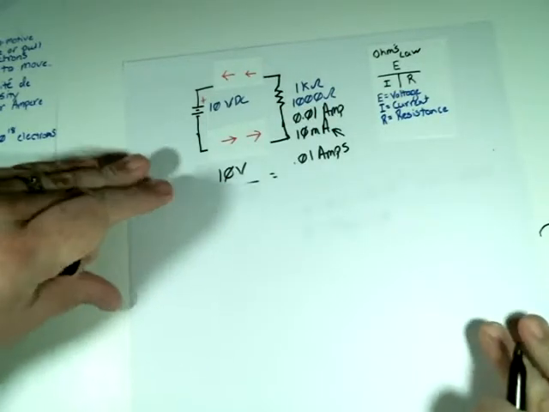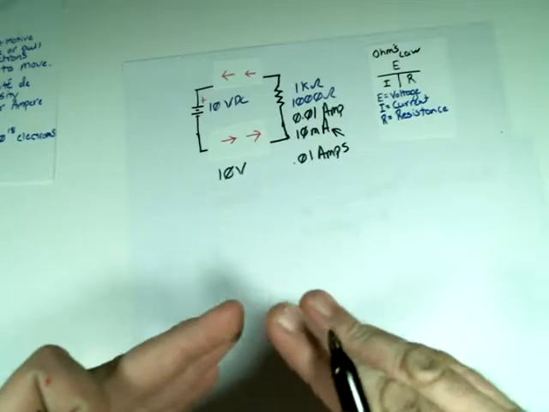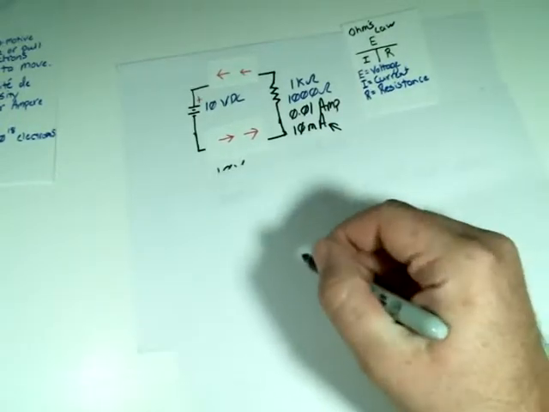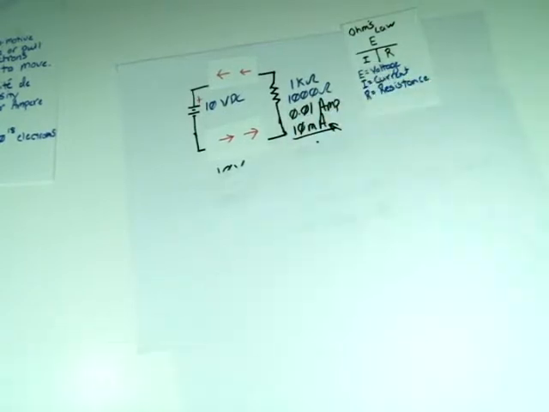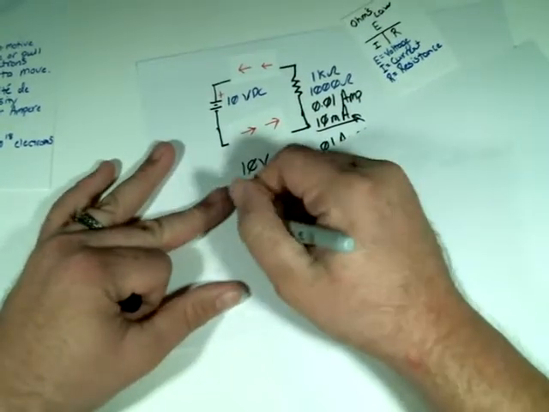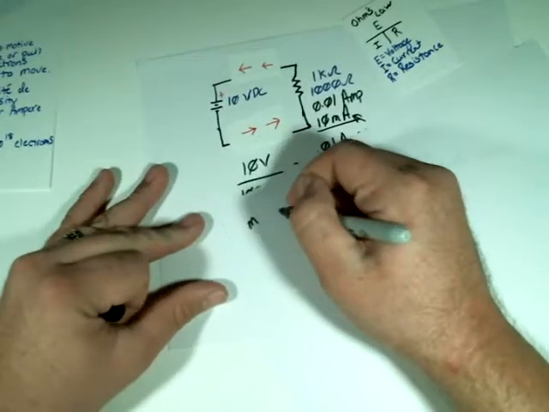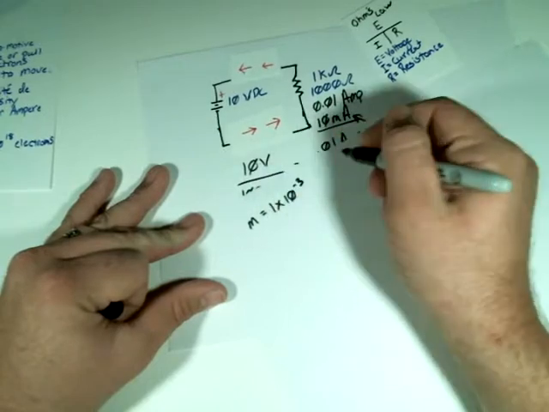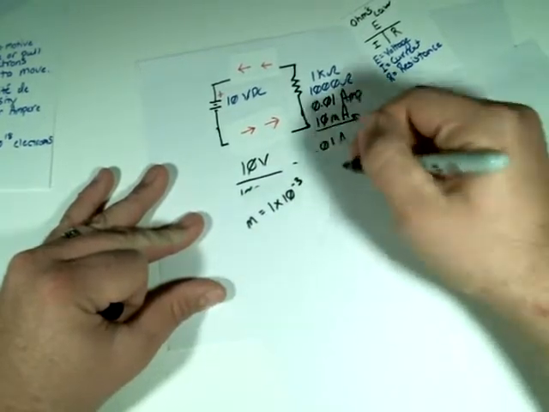Now let's cover engineering notation real quick because we're going to be dealing with this a lot. You notice 10 milliamps has a lowercase m, and lowercase m equals 1 times 10 to the negative 3.